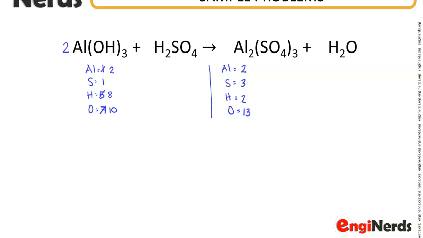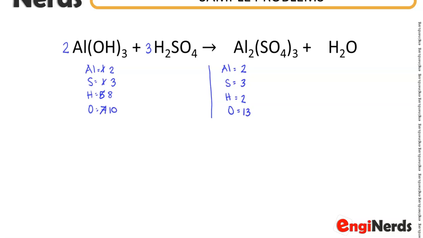So how are we going to balance that? So we just need to add a coefficient of 3 sa H2SO4. So now, kung bibilangin natin yung sulfur natin dito sa ating reactant, we have sulfur equal to 3. Kaya lang, naapektuhan uli yung ibang component natin, yung hydrogen and oxygen.